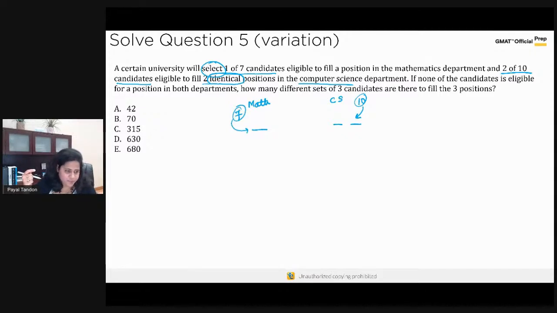Now how many people can you select from 7? How many people can go in over here? 7, right? There are 7 ways of selecting one person from these 7. Now, in how many ways can you select 2 people from these 10 people?